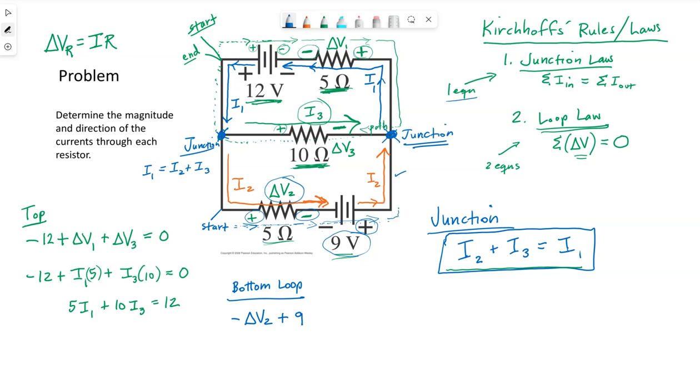I have to keep following my path. Since I'm doing the bottom loop, I'm going to turn up the middle. Now I'm going through this V3, this 10 ohm resistor. I'm headed to the left, so I'm going low to high. It's an increase. Since I'm going opposite the current, an increase of delta V3. I keep going, make sure I get back to where I started. So now I'm ending here, so this equals 0.